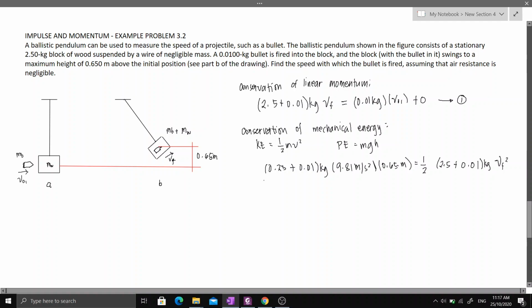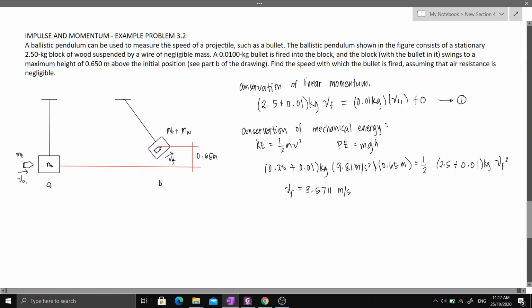So solving simultaneously, v sub f is equal to 3.5711 meters per second.